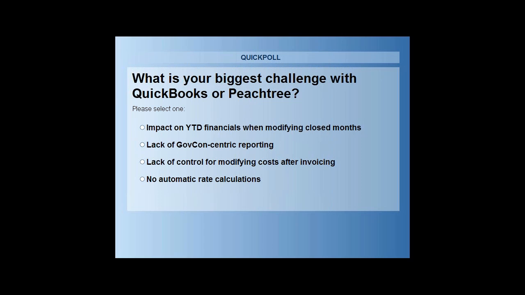So that's an important one. Actually, the last option, no automatic rate calculations, can really be a burden on small companies, like Sean mentioned. Building that out in an Excel spreadsheet, once you get multiple tabs and macros and everything, it can get quite complex. We're going to leave this poll open for another 10 seconds or so.